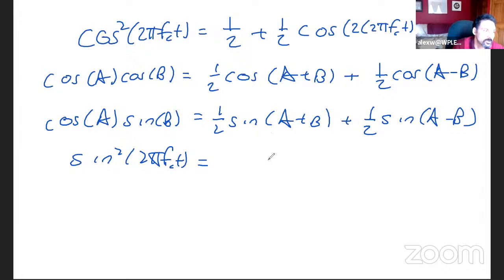And this should be equal to, yeah, it should be half minus. I just want to make sure I don't give you folks a wrong answer.